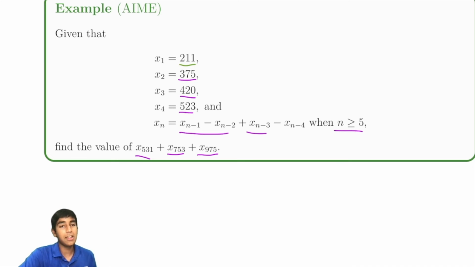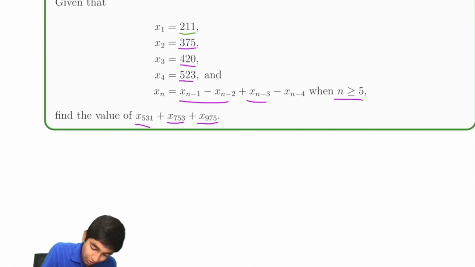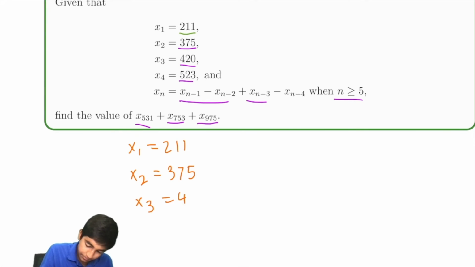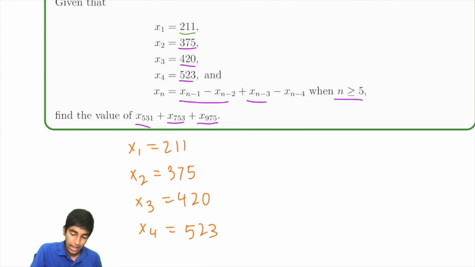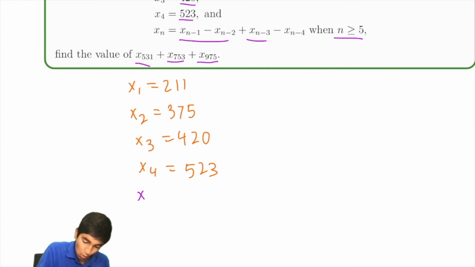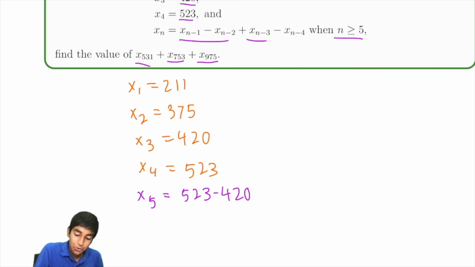Now the trick to solving these is don't get scared, just write out a few terms. Maybe you'll find a pattern. And that's exactly what I'm going to do. So we know x1 is 211, x2 is 375, x3 is 420, x4 is 523. x5 will be x4 minus x3 plus x2 minus x1.